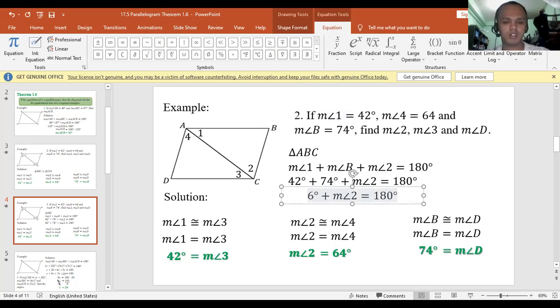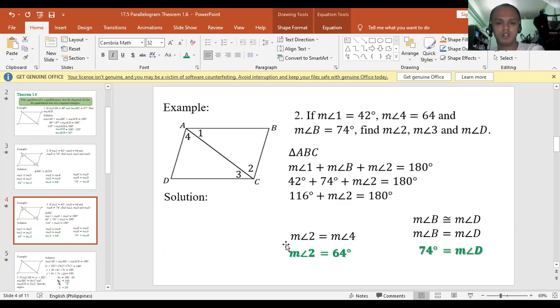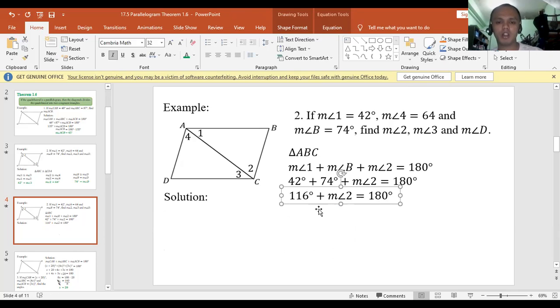Okay, 42 plus 74, we have 116. We will remove this one to make space. And then your measure of angle 2 here.